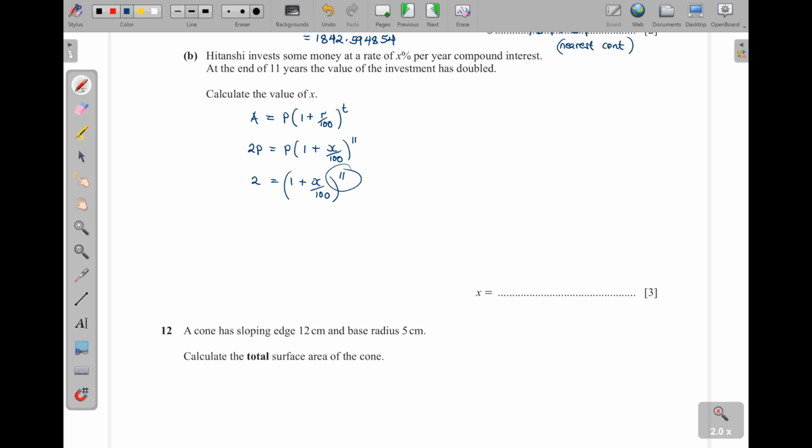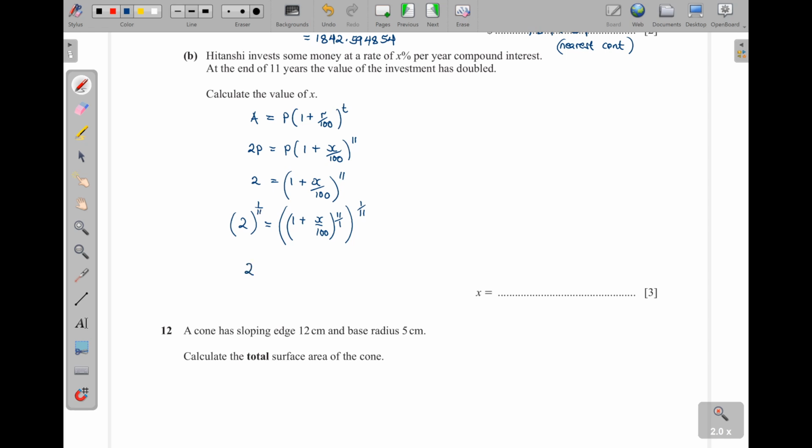That to do away with this power, then I'm going to get this one. Okay, then I power it with 1 over 11, because here it is over 1. You see that? So it is the same thing that I will do this side. I also put 1 over 11.